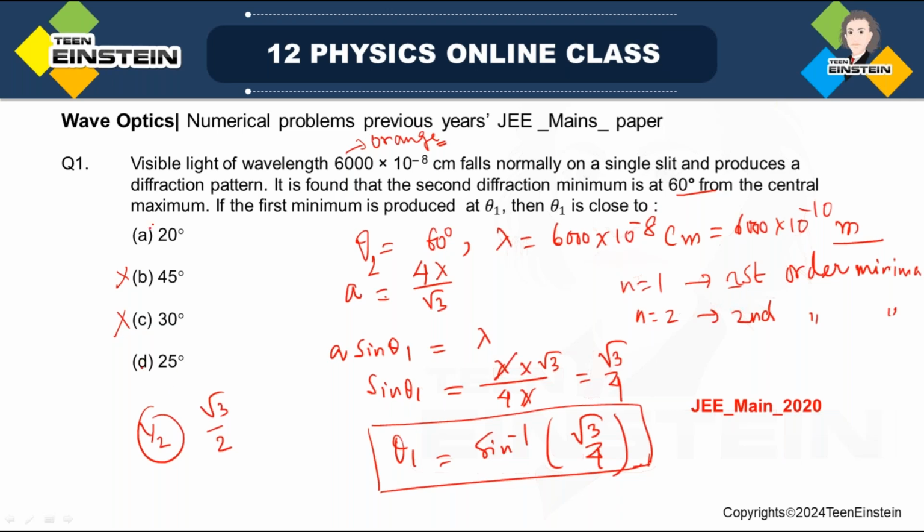If you have calculator access, then easily you will get this value. Otherwise you have to find out in a clever way what the value of this is. So this will be nearly equal to 25 degree.